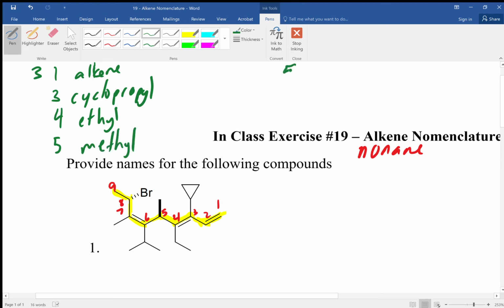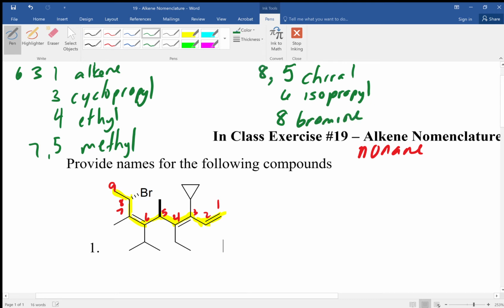And 5 is also chiral, so we know we need to do R or S at that position. Carbon 6 has another alkene. In addition, 6 has an isopropyl. Carbon 7 has a methyl. 8 has a bromine. And 8 is also chiral. And 9 has nothing.